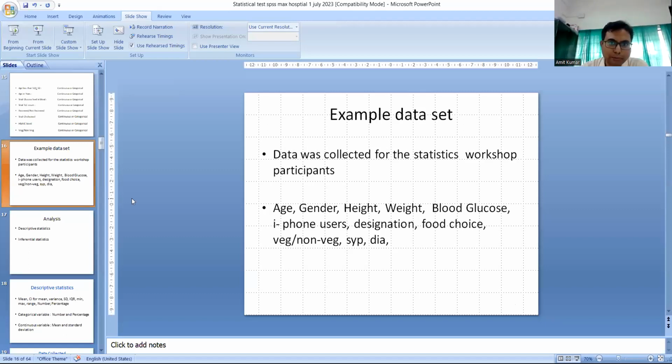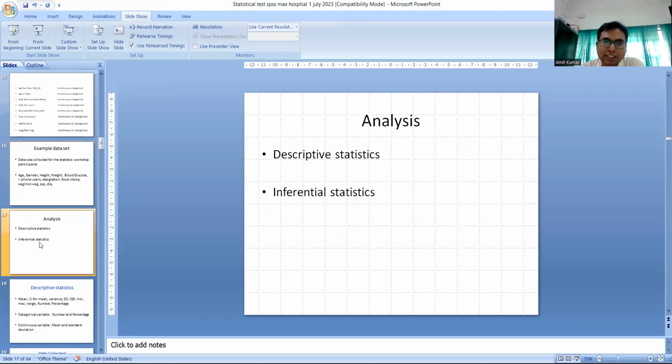So this is my screen, is it visible? Yes. So now you come to the statistical analysis. It is divided into two parts. One is the descriptive statistics and another is the inferential statistics. Every published paper, if you read the statistical analysis portion, they will write that descriptive statistics was used to describe the baseline characteristics of the study participants.